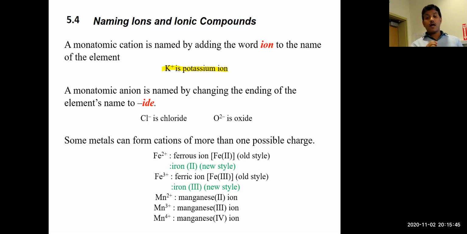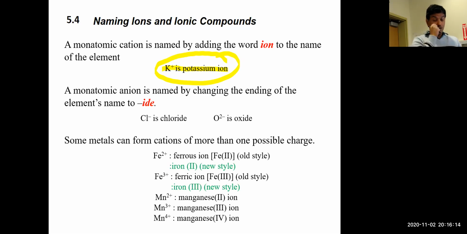However, if you have a transition metal, the properties are different, and sometimes they exhibit different possible cationic charges. Because you have this ambiguity with the transition metals, instead of simply naming them as the metal ion, we follow a new style of naming only for the transition metals.